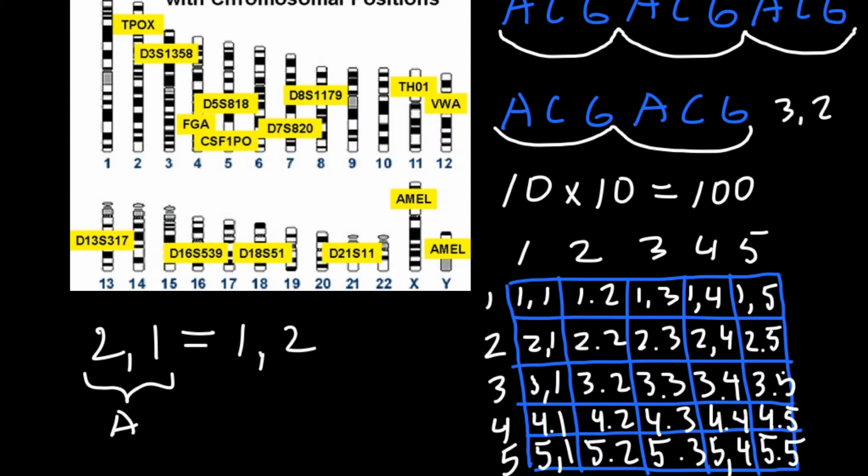And person B also has 2 alleles, one with 1 repeat and another with 2 repeats. But we cannot tell this when we run a gel. Imagine that this is a gel. We cannot tell the difference whether, say, the allele with 2 repeats is from the mother side or from the father side.